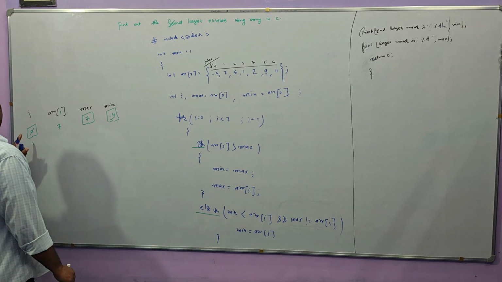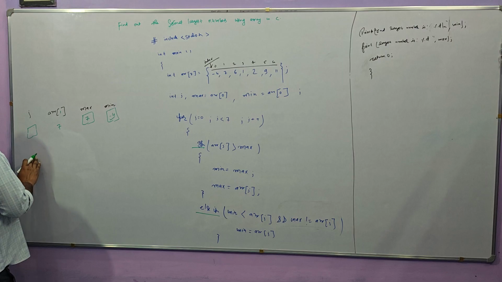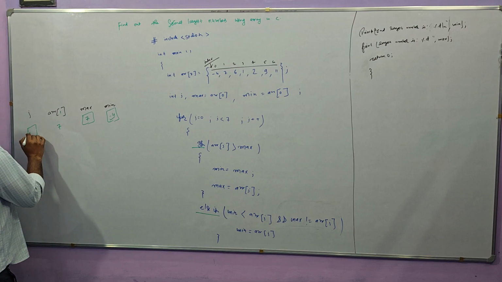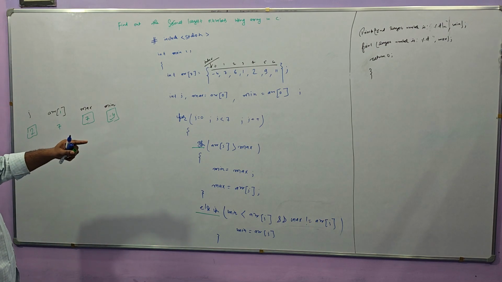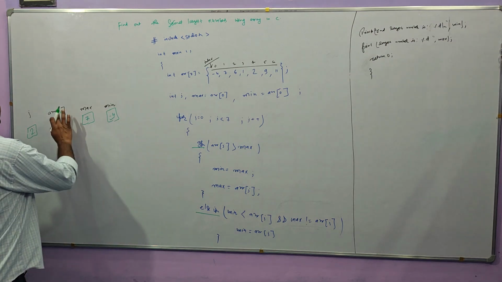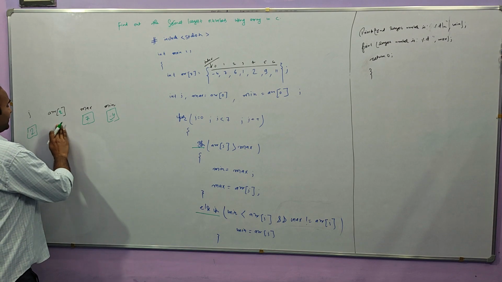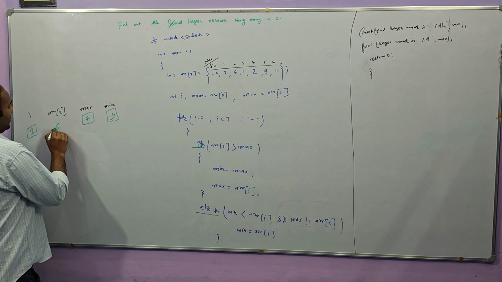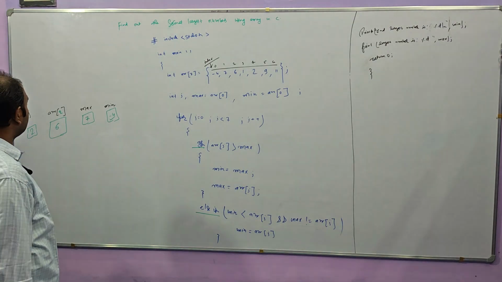Again, i becomes 2. 2 is less than 7, yes. ar[2] is 6.